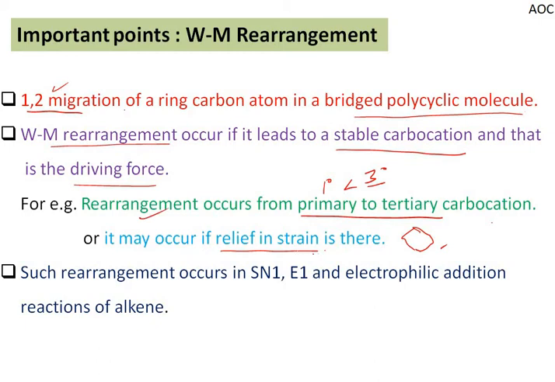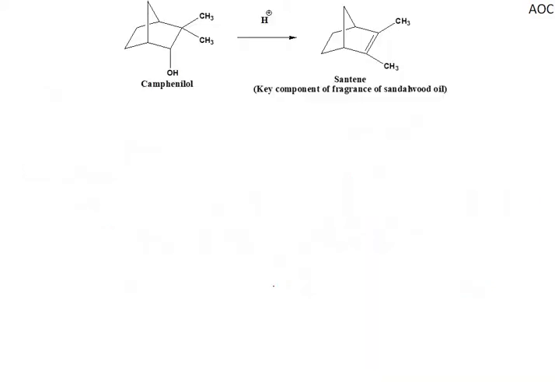I am going to give you an example for this case also. Such rearrangement occurs in SN1, E1 or the electrophilic addition reactions of alkenes. This is very obvious. SN1 is substitution nucleophilic unimolecular. In this case, carbocation formation occurs. If the carbocation can rearrange to a more stable one, then that rearrangement will, obviously, occur, right?